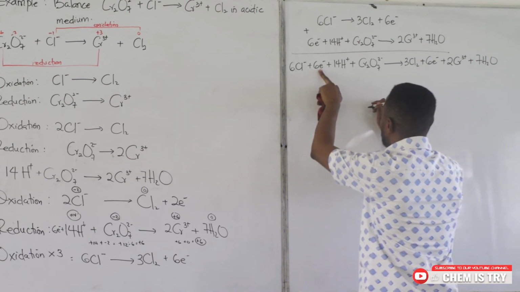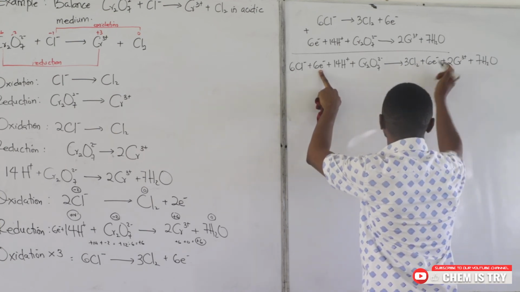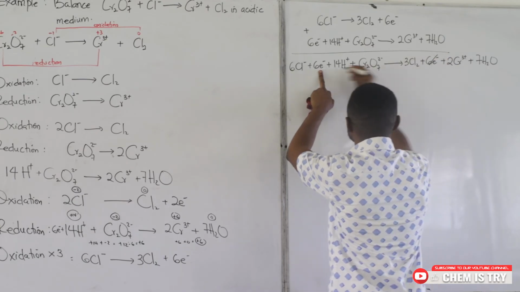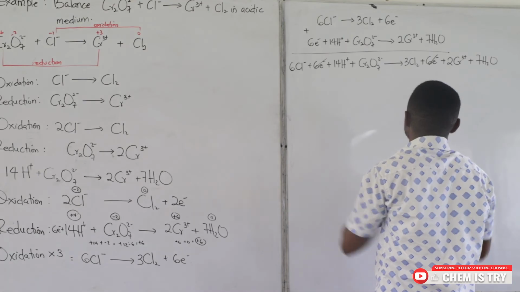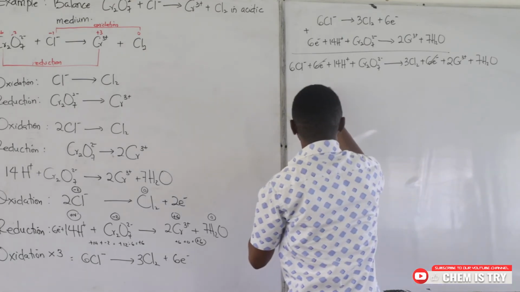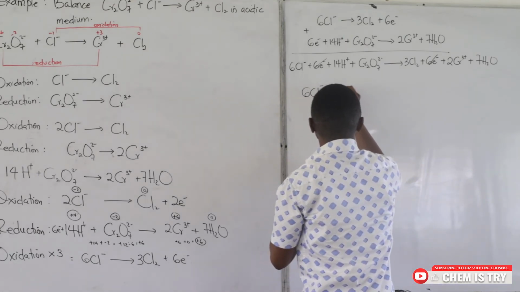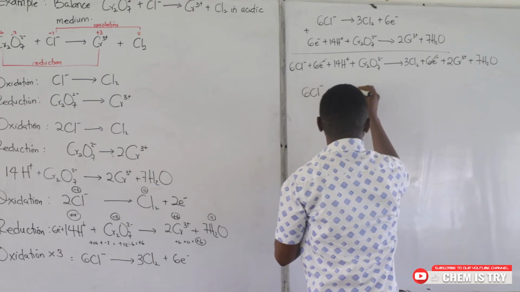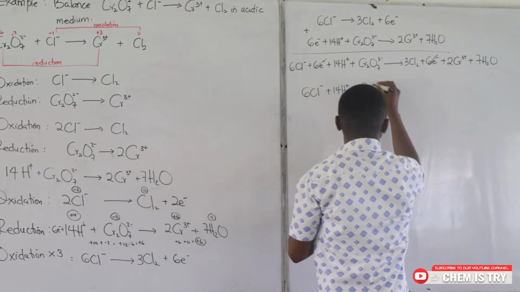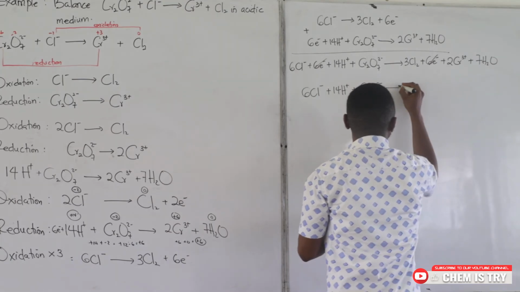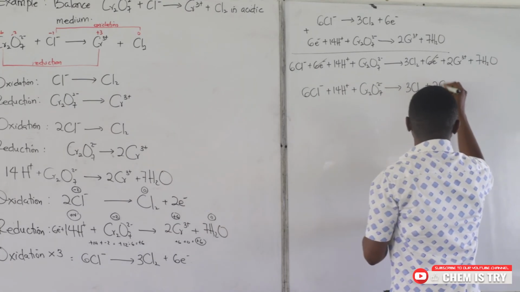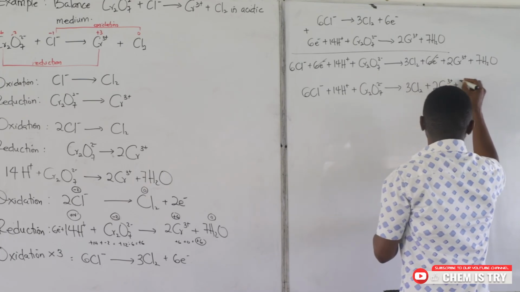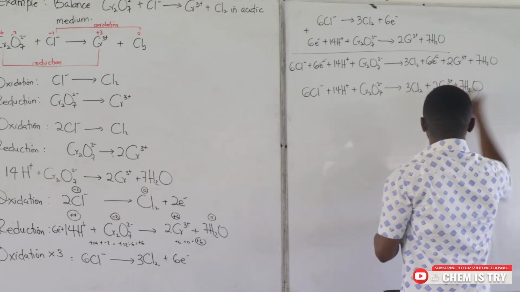Yes, we have 6 electrons here, 6 electrons here. So the electrons cancel out. Then we will have 6Cl- plus 14H+ plus Cr2O7 2- going to produce 3Cl2 plus 2Cr3+ plus 7H2O.